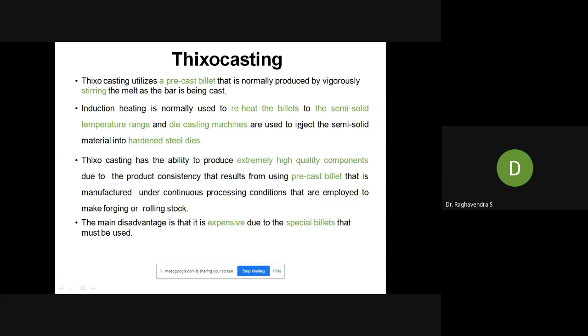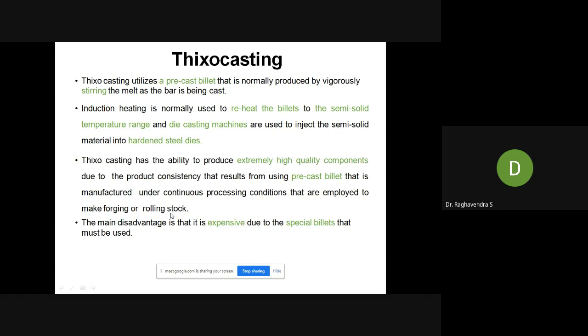See, what happens? Thixocasting is the ability to produce extremely high quality components due to the product consistency, the result of using precast billet that is manufactured under continuous process conditions employed in making forging and rolling stock.